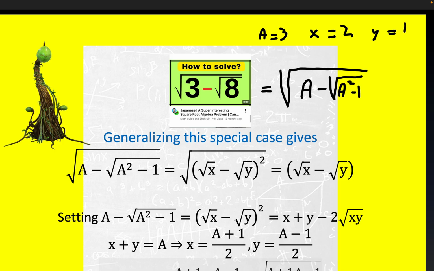So the answer right here would just be, I'll use this right here, it's convenient, the square root of 2 minus the square root of 1, which is just 1.